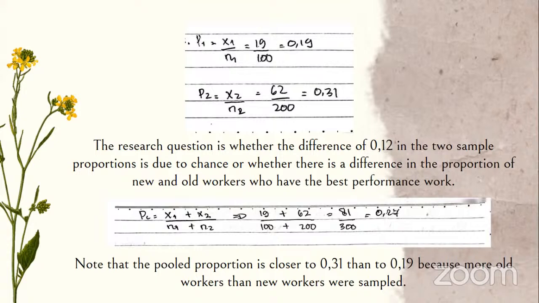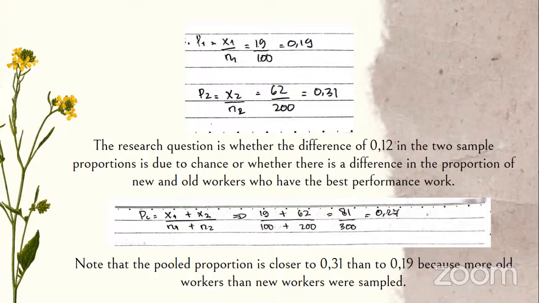Next, we're going to determine the pooled proportion. PC equals X1 plus X2 divided by N1 plus N2. X1 is 19, X2 is 62, N1 is 100 and N2 is 200.